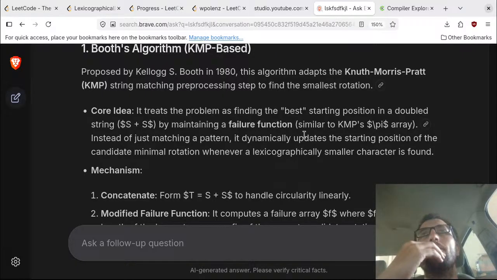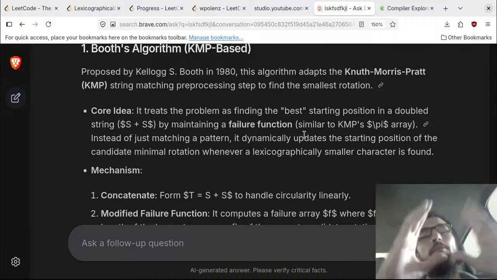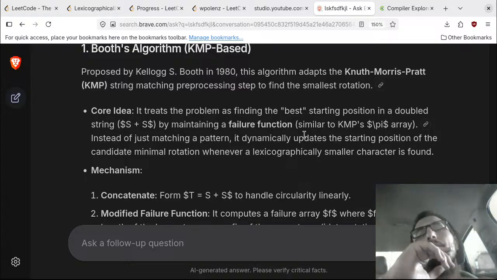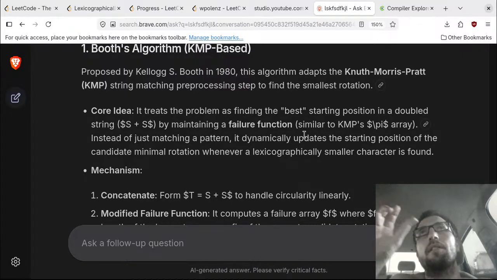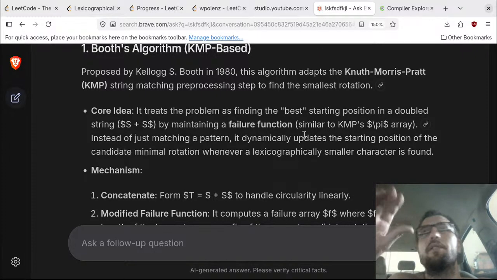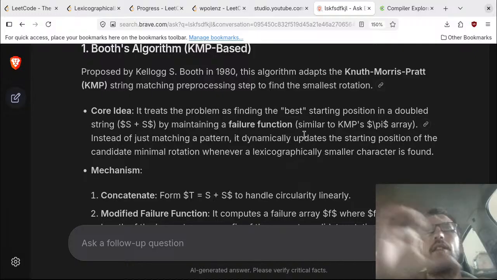Whereas with the KMP table, you basically cycle down to figure out how much of the prefix that you've already processed you should keep while you keep going. And you could prove that the cycling downwards is efficient. There's a way to show that you're never going to cycle downwards too much, so to speak.